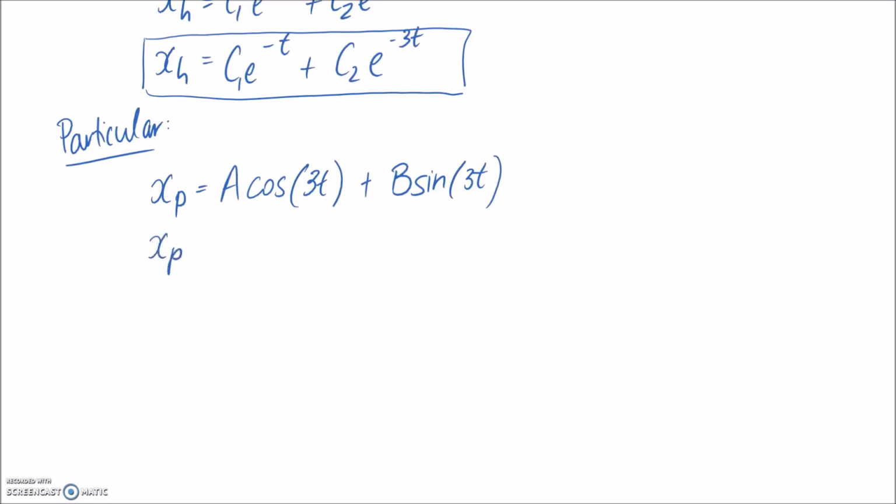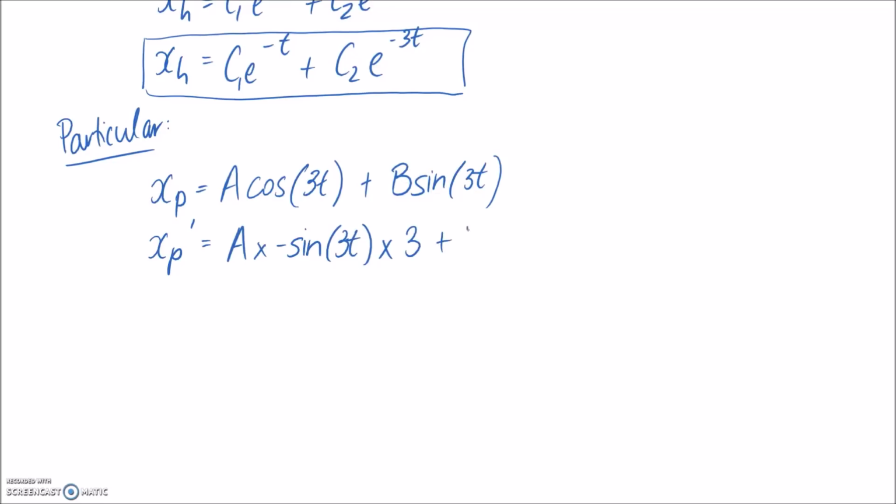So taking our first derivative here, what it's going to become is a stays out the front. We know that cos goes to negative sine when we take the derivative, and we copy out the bracket, and then we need to multiply by the derivative of what's inside the bracket. That's the chain rule. So the derivative of 3t with respect to time is just going to be the 3.